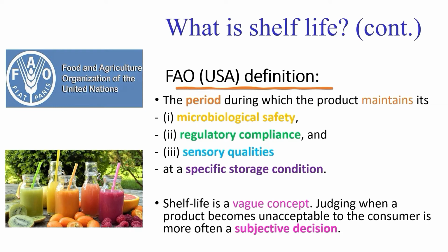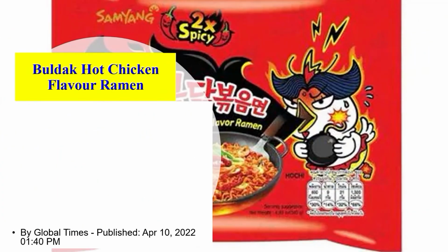Why do we talk in this way? Just because consumer acceptability is very, very important. Let's have a look at one of the cases that happened recently, which was reported by Global Times and published on 10th of April 2022.